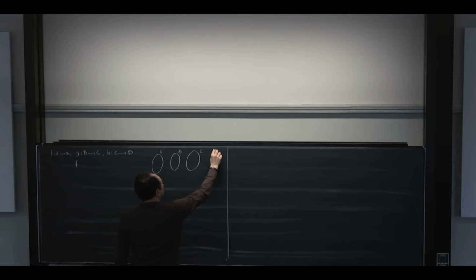And this is D. So you take an element from here, f takes it to some number here, which of course is called f of a, then g acts on this one, it gives you g of f of a, and then of course h acts on this one and gives you h of g of f of a, yes? Something like that. And then of course you know that it doesn't matter how you group them.